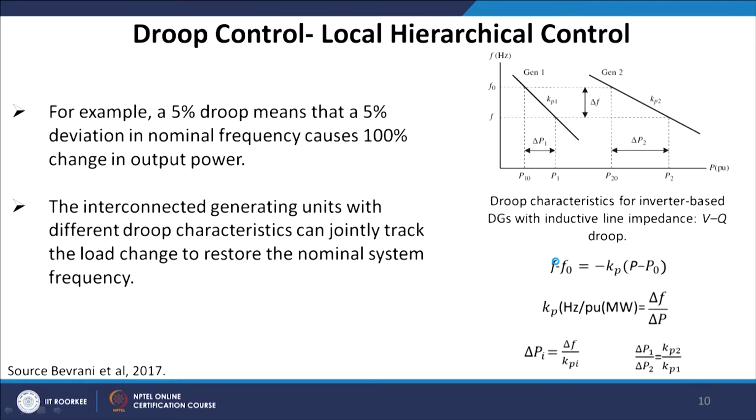For example, consider the droop characteristic for an inverter based DG with inductive line impedance, VQ droop; if it is my PF characteristic, this is my P and F. What it says is that a change in frequency from this point to this point may change the power from this point to this point.